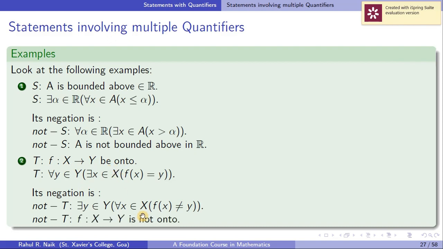That is the same as saying f from X to Y is not onto. This is a very common example, even for those who are beginning a mathematics course. The first one you might not be familiar with, as it's an example from real analysis.